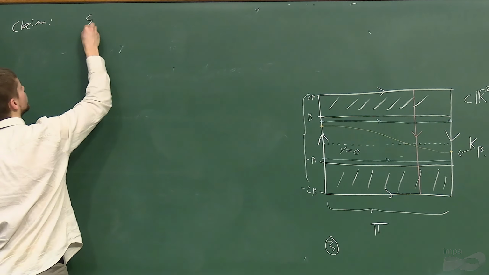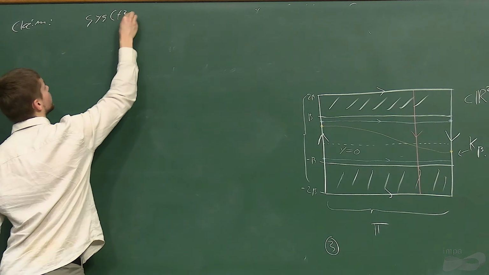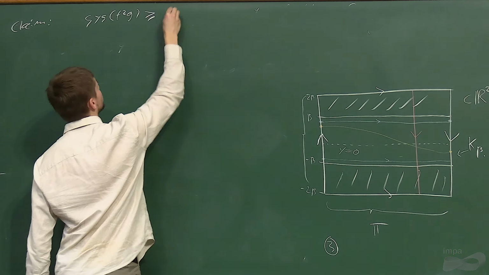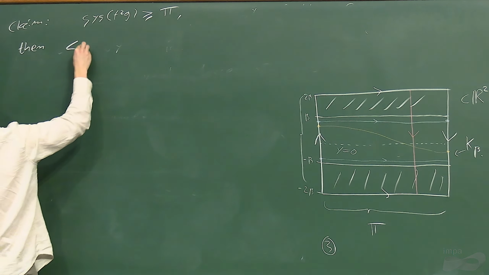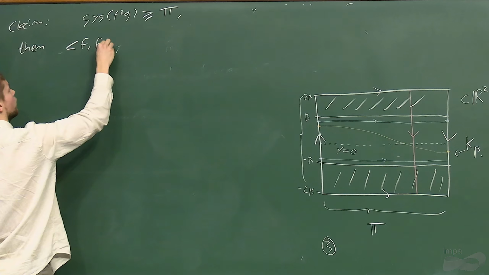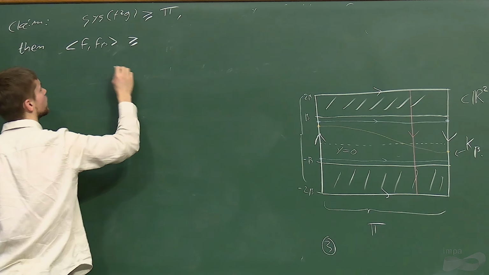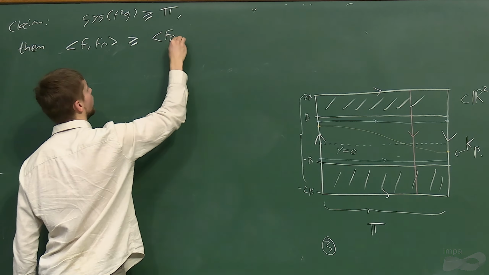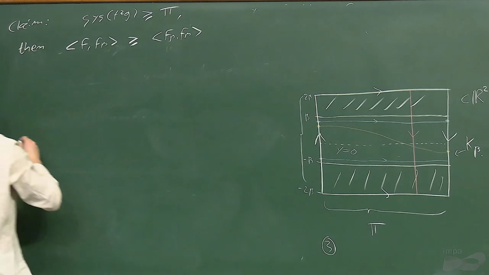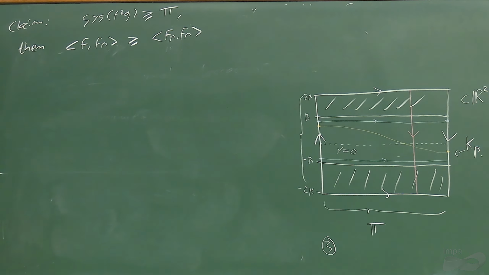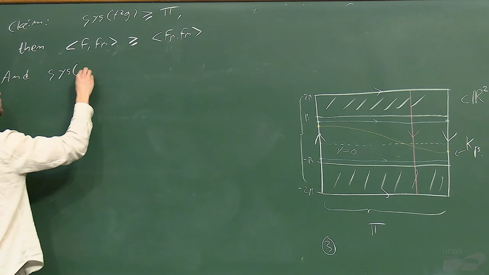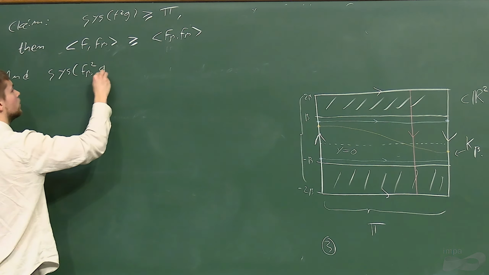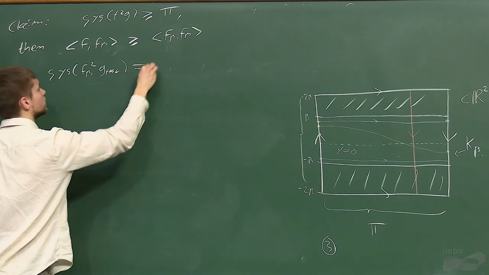So the claim is that if the systole of f squared g is bigger than or equal to pi, then this scalar product of f with f beta is always bigger than or equal to the scalar product of f beta with f beta, and something which I didn't mention already, but which is also part of the construction. And we know that the systole of f beta squared g flat is always equal to pi.